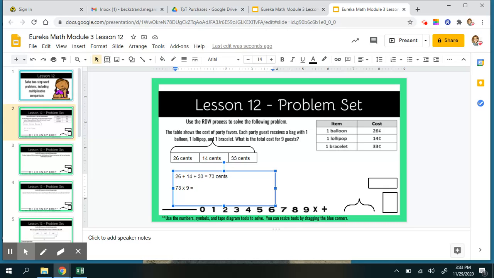Okay, so I'm going to show you partial products. We're going to do 70 times 9. 7 times 9 gives us 63. So 70 times 9 is going to give us 630. In cents, that would be $6.30.